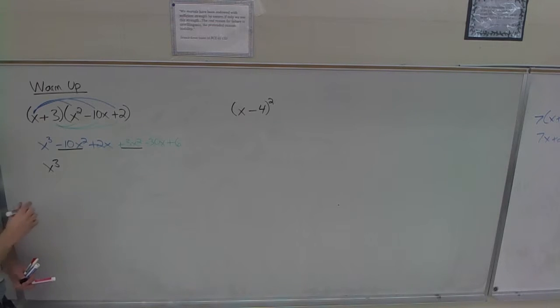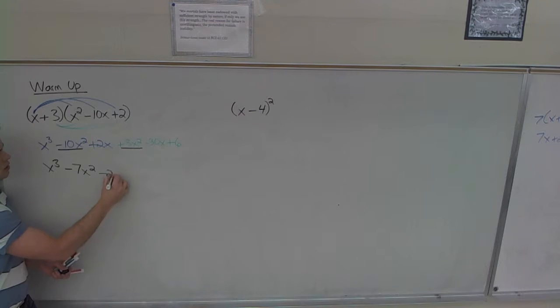Would that be negative? No, negative 8, sorry. Close. You're doing it right. Negative 7. You're good, you're doing it right. Okay. And then we can put the 2x and the negative 30x together. That's negative 28x. We've got plus 6.